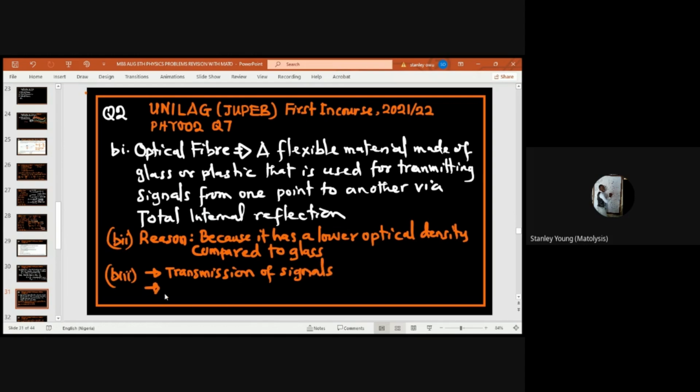We can also say for viewing internal organs in medicine. The question requested for one, just write only one and move on.